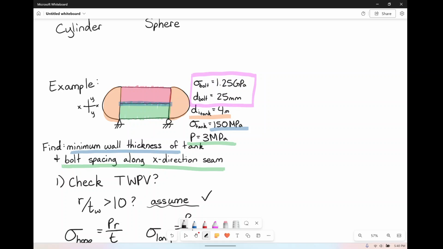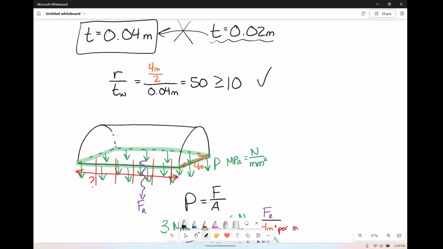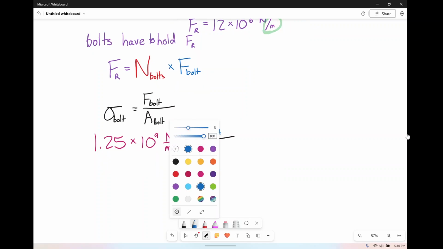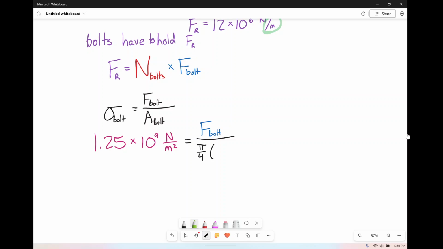The diameter of our bolt, 25 millimeters. Okay, but millimeters isn't very good for us, so let's turn that to meters. That's going to be 0.025 meters, squared.